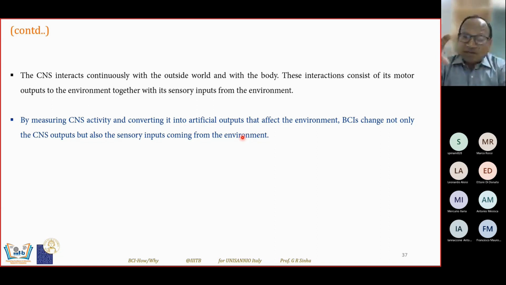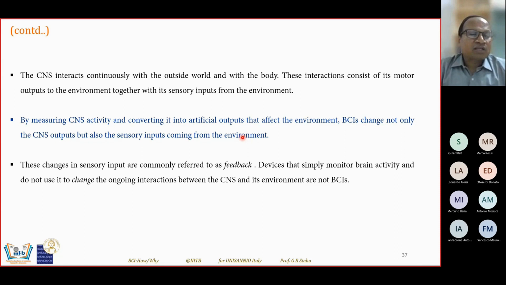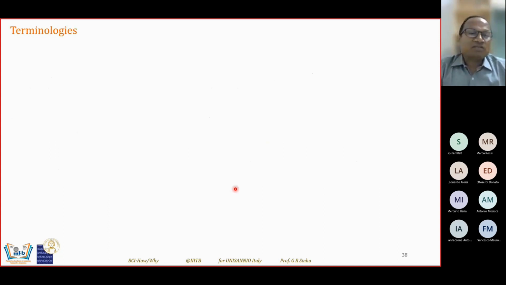That means bidirectional BCI. If you remember, in the previous slide there was a bidirectional BCI. CNS activities are converted into artificial outputs, but vice versa is also possible, so it can have control over the environmental stimuli as well. How much stimulus is actually needed? That is why it is very useful. These changes in sensory input are commonly referred to as feedback, because you have control over that. Devices that simply monitor brain activity and do not use it to change the ongoing interactions with the environment are not BCIs.